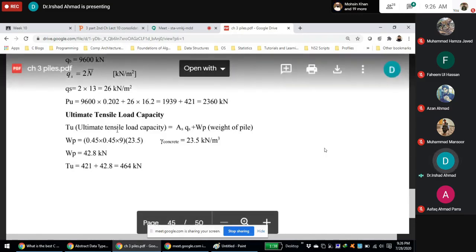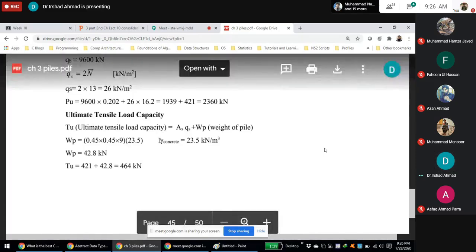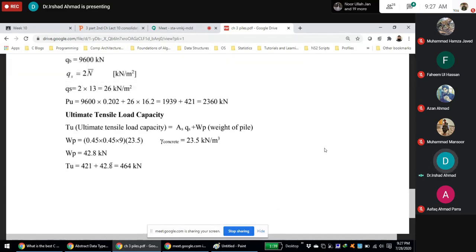So TU, the ultimate tensile load capacity, is equal to AS into QS, this is the skin friction, plus WP, the weight of the pile, because when you are lifting the pile up, the skin friction plus the weight of the pile would act on the pile. So TU would be equal to 421, which is the skin friction resistance, plus 42.8, which is 464 kilonewton.